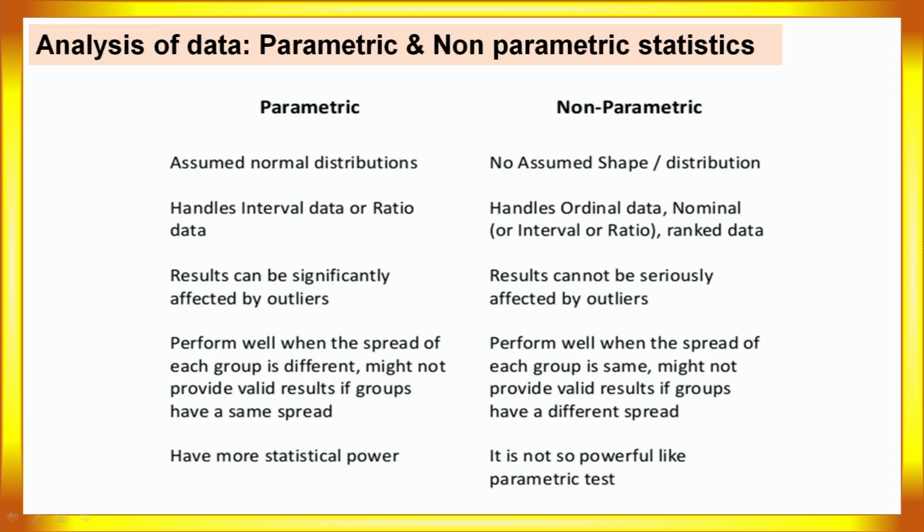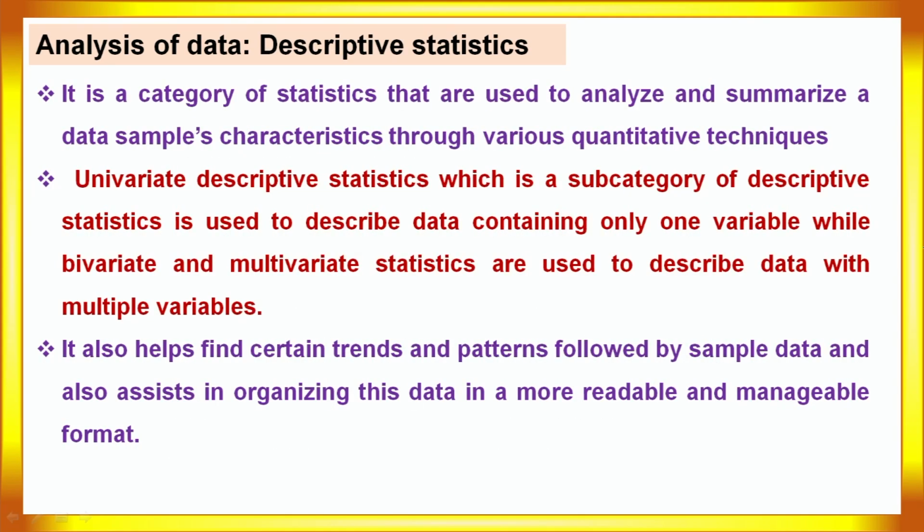Now, coming to the analysis of the data, the first part is to describe the data. In the description of the data, the first type of analysis which we generally perform in social science is known as descriptive statistics.